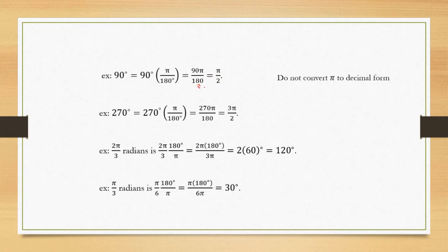180 is 90 times 2. So hopefully from here, since 180 is 90 times 2, you can see that the 90s cancel.